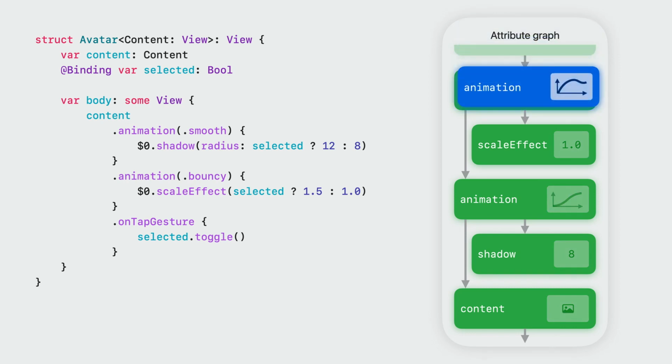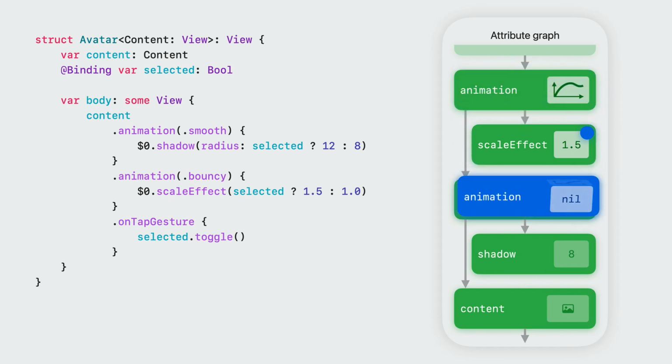When the transaction reaches the animation view modifier's attribute, a copy is made that's populated with the specified animation. The copy is propagated downstream, but only to the scoped animatable attributes. Once it's done its job, the copy is discarded, and the original transaction picks up where it left off.